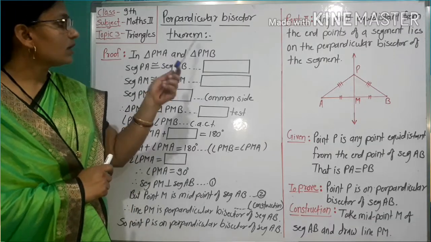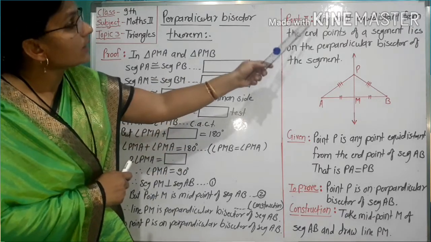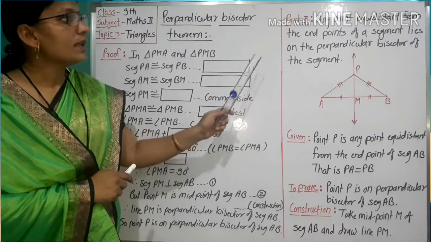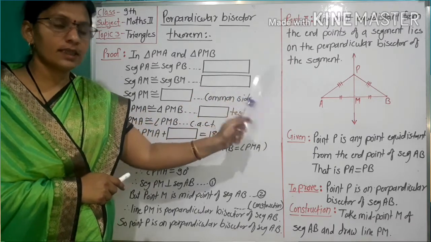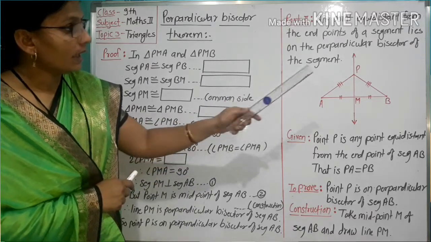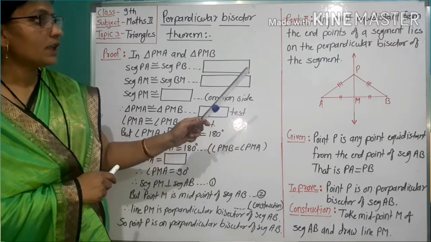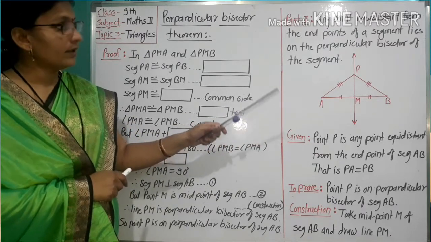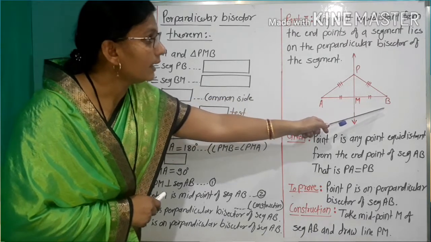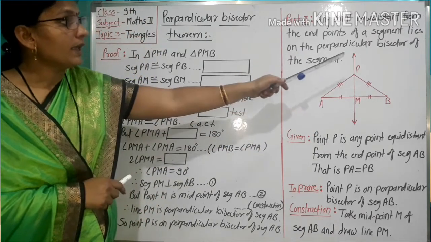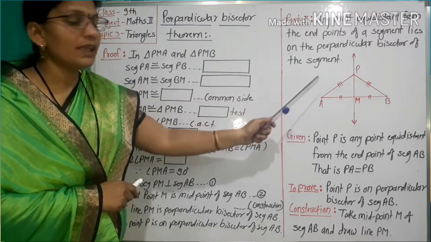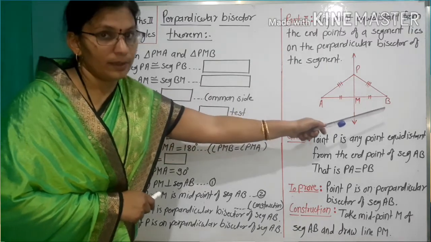The second part of the perpendicular bisector theorem is: any point equidistant from the endpoints of a segment lies on the perpendicular bisector of the segment. Here I draw a figure. Segment AB is drawn, and point P is taken which is equidistant from points A and B. Then this point P lies on the perpendicular bisector of segment AB.